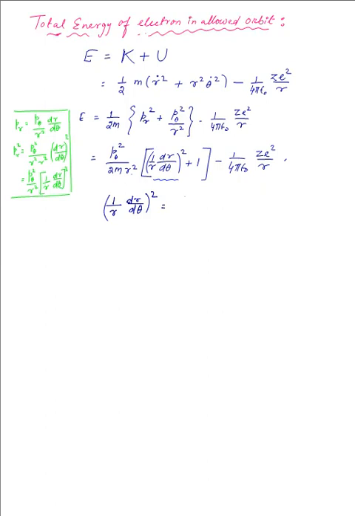What we end up with is 2mE divided by p theta squared, and then we have minus 1 for that plus 1 that was there inside the bracket over here, and then we have the other term, that is the potential energy term, over to the other side becomes plus m times Ze squared r divided by 2 pi epsilon naught p theta squared.